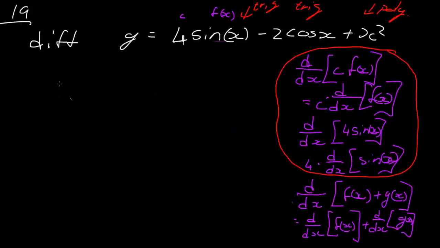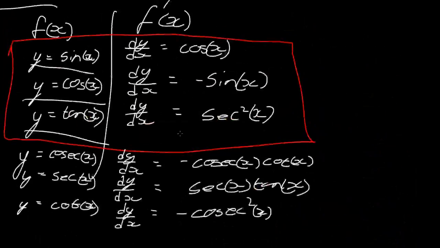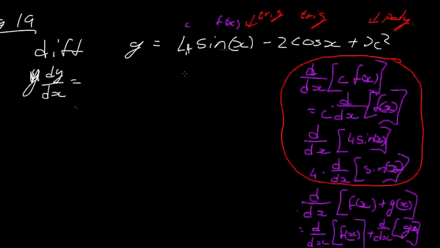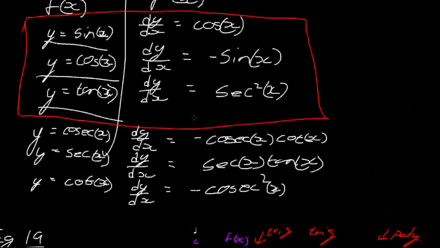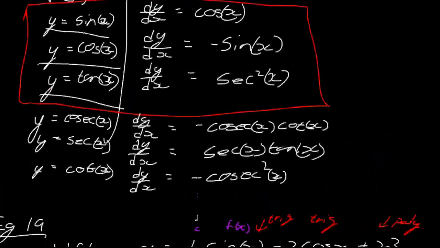So, let's quickly do our differentiation. dy by dx is equal to, so let's differentiate each term. 4 sine x is 4 times dy by dx of sine x. And whenever you're doing differentiation, when you see a sine x or whatever, look at your table and see if you can find one that exactly matches.